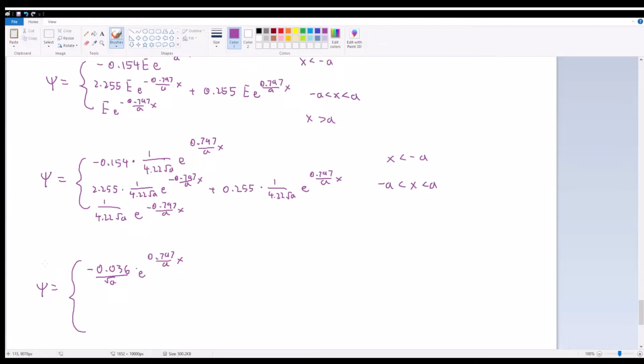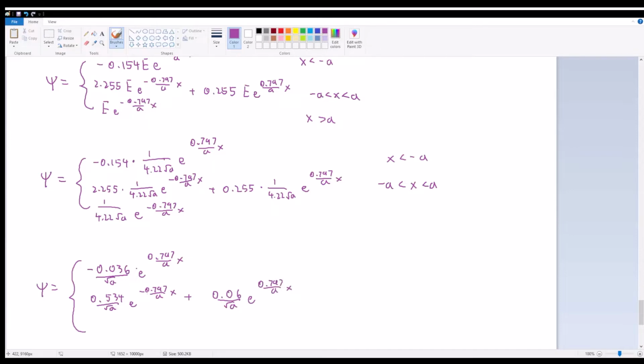That's going to give us 0.534 divided by root a, multiplied by e to the negative 0.797 over a times x, plus 0.255 divided by 4.22. This is going to be 0.06 over square root of a times e to the 0.797 over a times x.